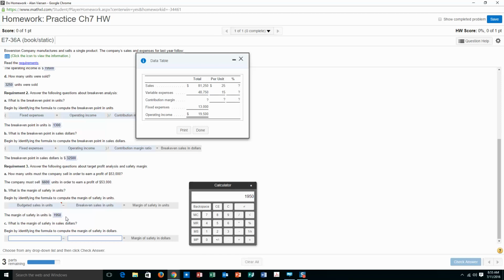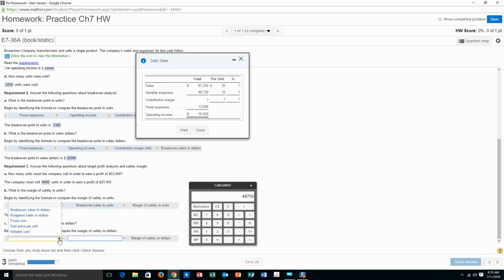The margin of safety in sales dollars: if you remember from the previous information, we sold 81,250 minus our break even, which we calculated up here, of 32,500.